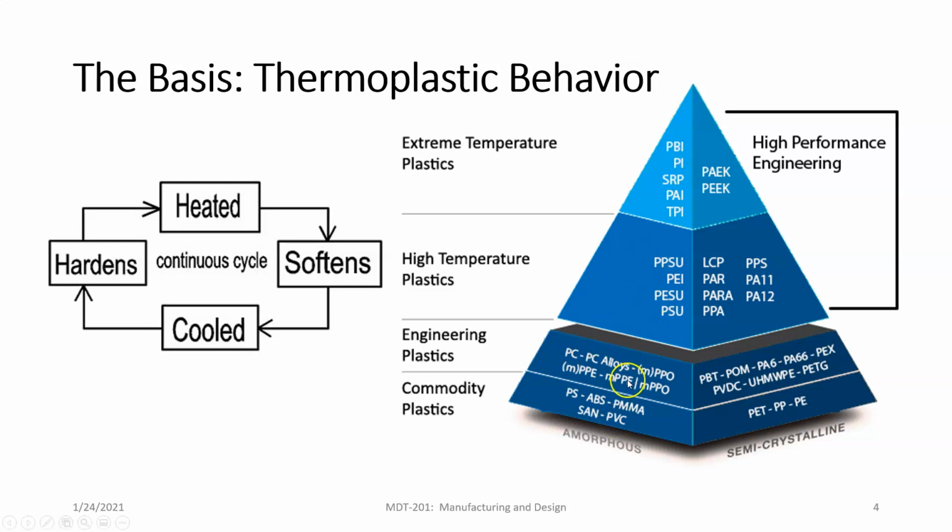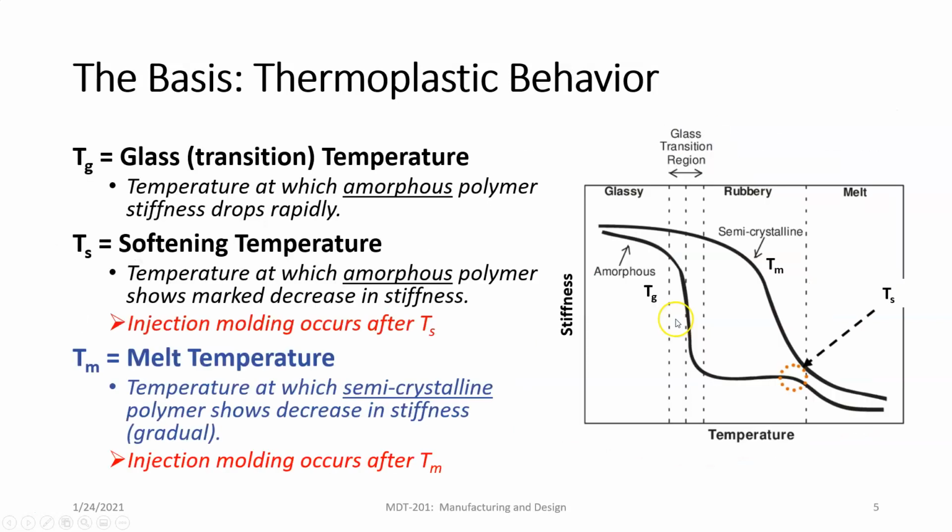I can't think of anything else down here that isn't known. A lot of these are just known by their name. And this is polypropylene, PP, polyethylene, PE, PET, PEEK. These are known by their abbreviations. Okay, and I'm not going to go into the different chemical names because, frankly, I don't know them all. So I know them by their abbreviations.